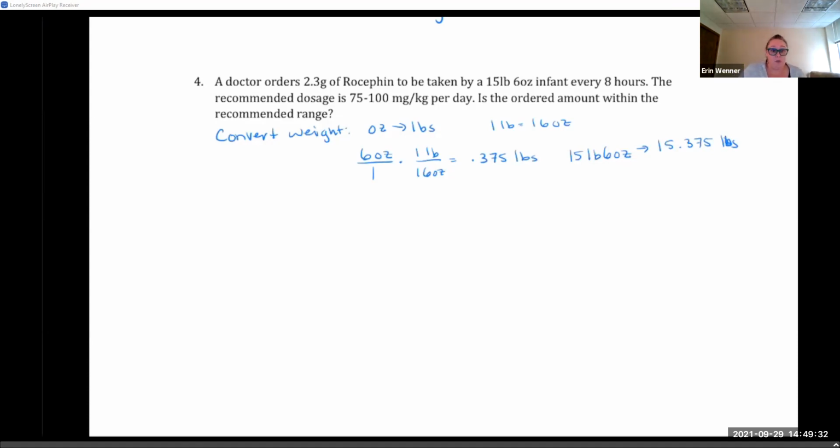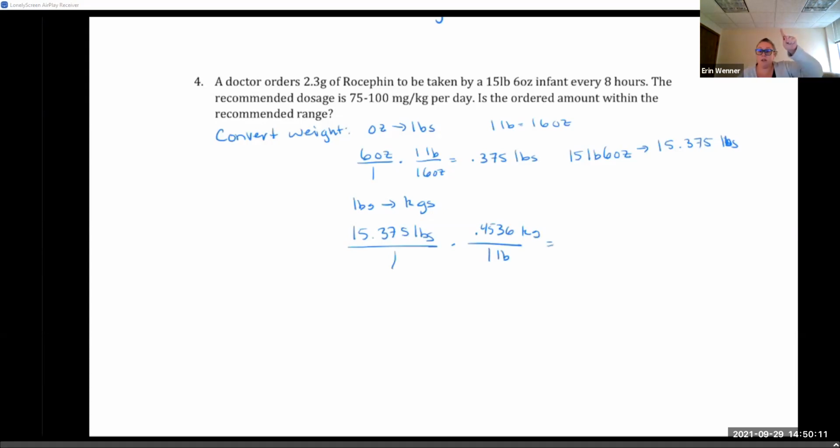So now we need to go from pounds to kilograms. So we'll take 15.375 pounds. And we're going to use the conversion, let's be consistent, Erin, 0.4536 kilograms to 1 pound.